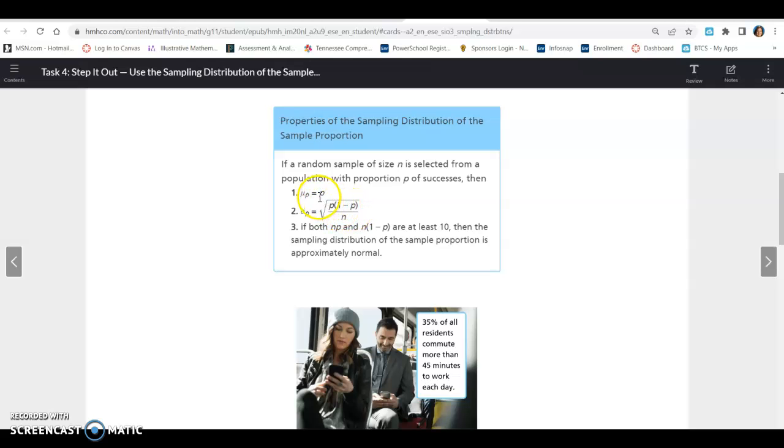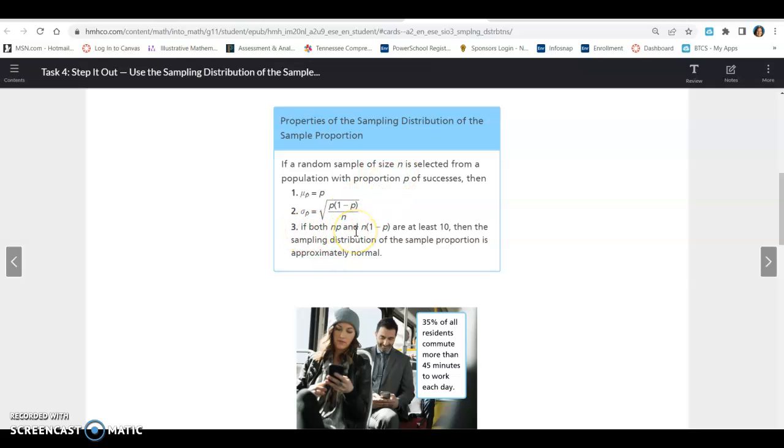Remember, p is your successes, and 1 minus p would be like q from a previous lesson. p plus 1 minus p should equal 100%, and then that's divided by n, your sample size.